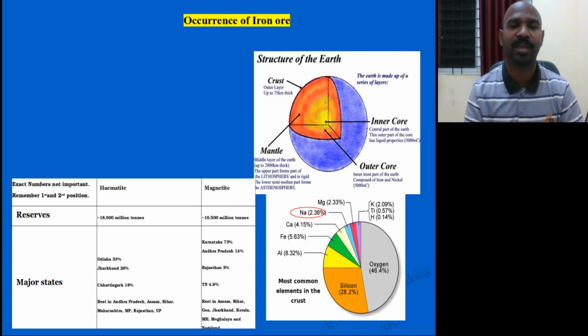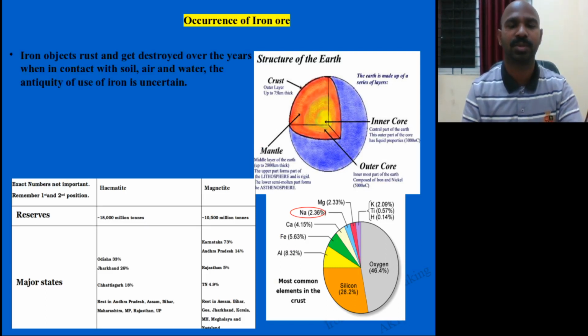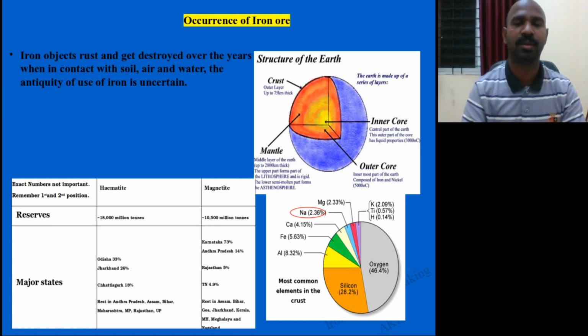That is going to be concluded in this particular topic. Now let us know the occurrence of iron ore. It is the nature of iron objects found. Even you know that iron easily gets destroyed by the formation of rust over the years when it comes in contact with soil, air and water.